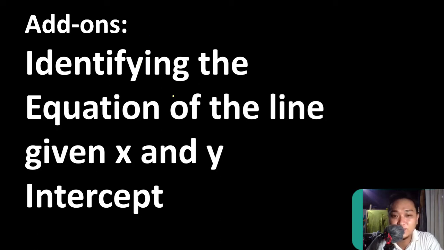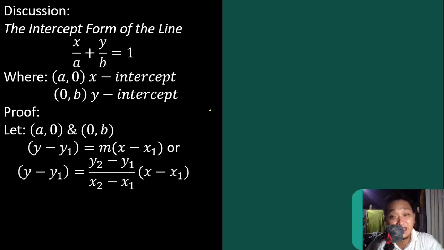Add-ons lang po ito, parang karagdagang kaalaman na lang po. We can make use of the so-called intercept form of the line, and the intercept form of the line is denoted by x over a plus y over b is equivalent to 1, where a siya yung pinaka x-intercept at saka yung b siya yung pinaka y-intercept.